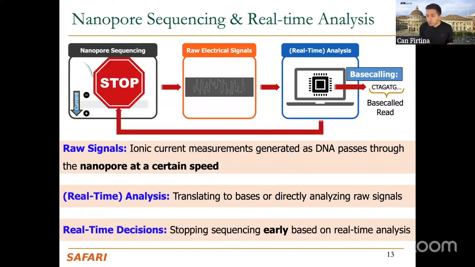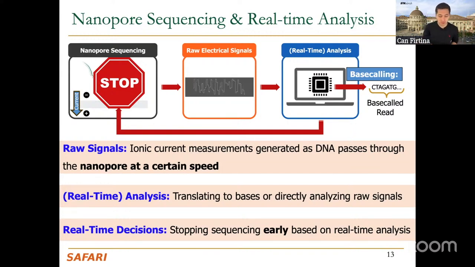What's even more important is that by doing real-time analysis, we can also talk to the sequencers. We're not doing this analysis after the sequencing is done, right? We're doing this analysis in real time as the sequencing is happening. We can talk to the sequencer.